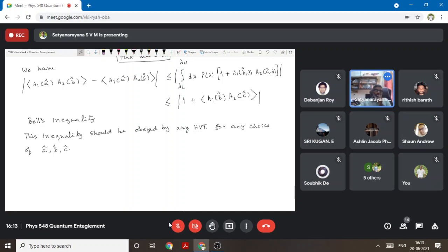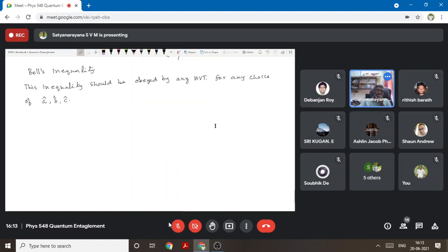Now let us check with quantum mechanics. For that let us choose A cap dot B cap is equal to 0.